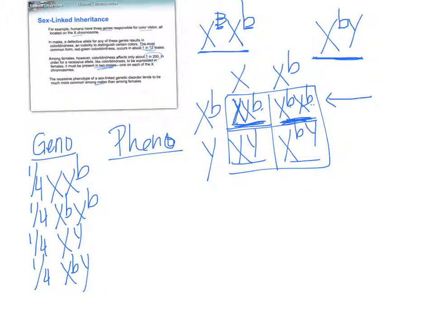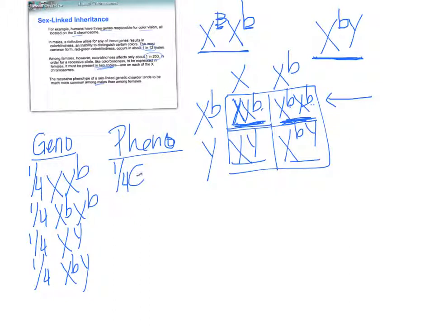If the question, however, says this man and woman are going to get married and have kids, so what's the chance of their baby being colorblind or not colorblind? Then you have to answer in terms of boys and girls and whether they're colorblind or not. So your answer in that case, that's what we're going to write out here.